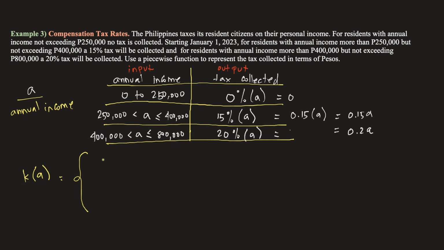For the first line, we have 0 whenever the income is between 0 and 250,000.